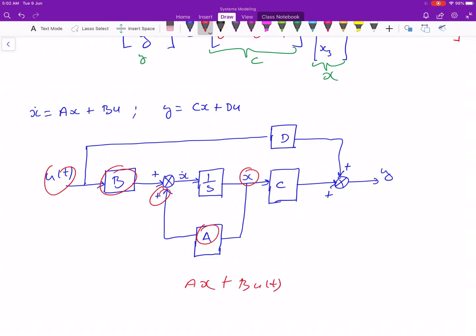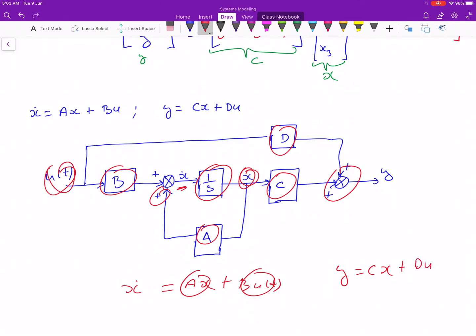All right, then the summation of that and that should give you an x dot, which is fed in through an integrator, because in Simulink we have this integrator. And we have another line where your output y is equal to c times x, which is cx, and your summation block plus d times u, which is du.